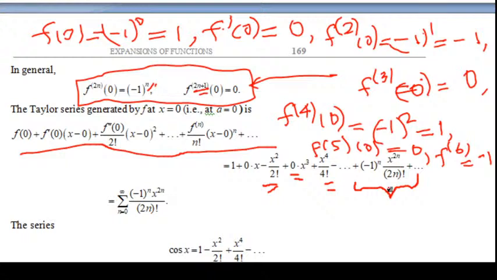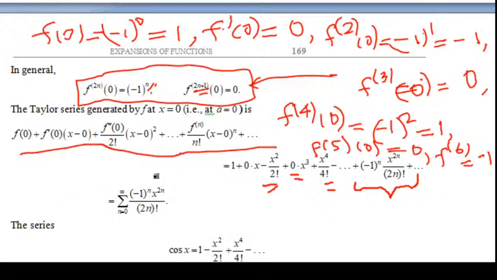That means we have considered the general term as the term where x has the power 2n, an even power, because whenever x has an odd power, all the values will be 0. Only the terms where x has an even power are nonzero, and the coefficient is either negative 1 or 1.